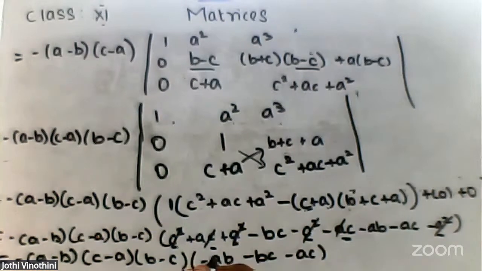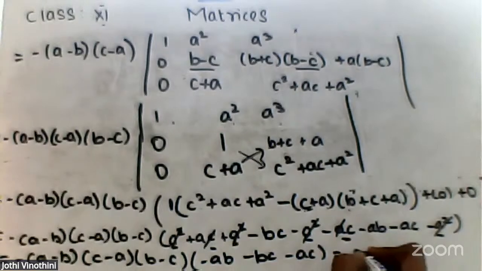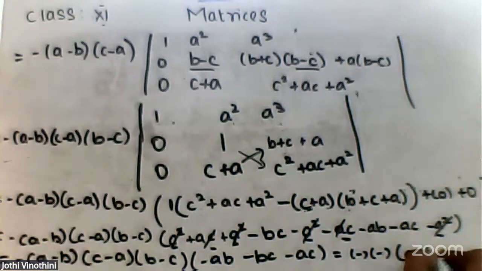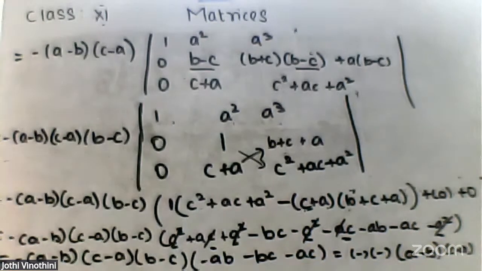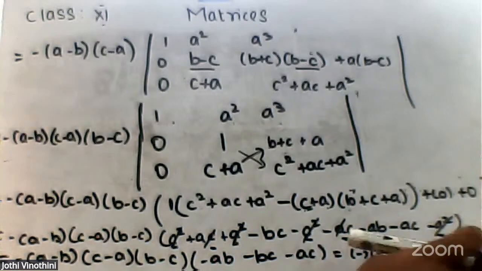So, I am going to take this minus as common, right? So it becomes minus of a minus b and c minus a. Okay, it's not clear, so we will rub this and write it as numbers.